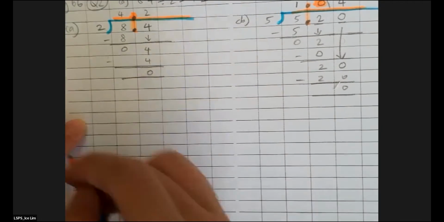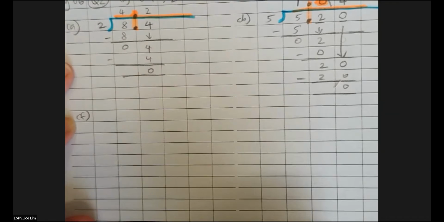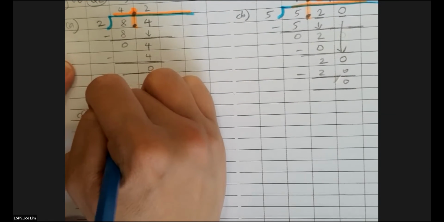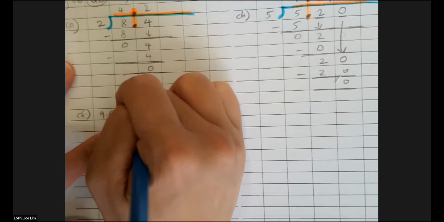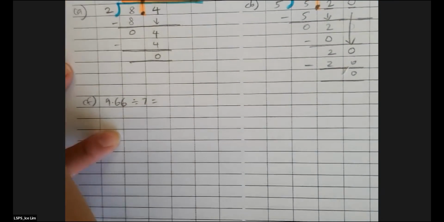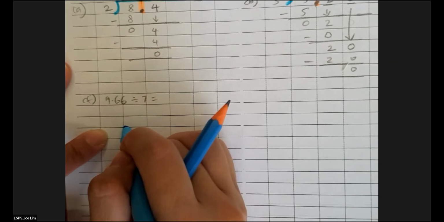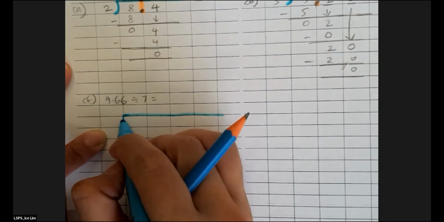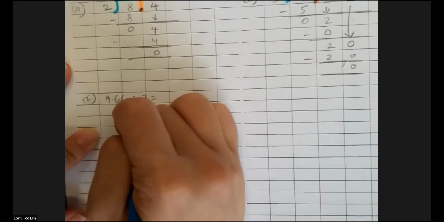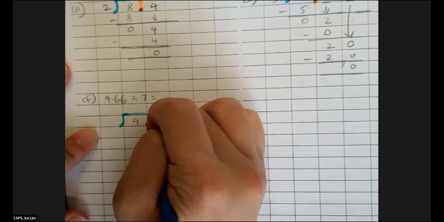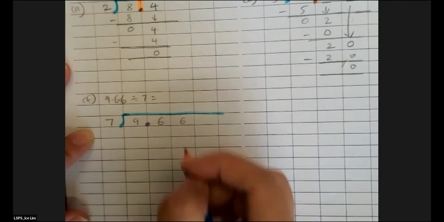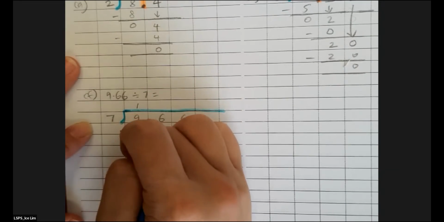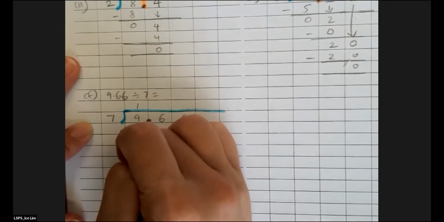So I write F here. The question for F is 9.66 divided by 7. I do it like I'm doing 966 divided by 7, as with any long division.